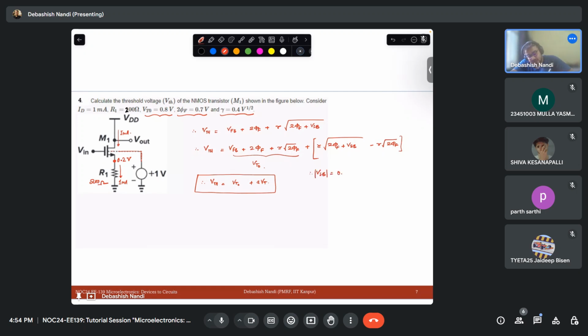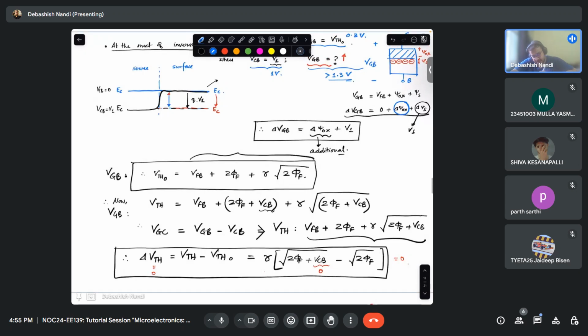VSB mod is 0.8 volt. Now you know this is given, gamma you know, VT0 you know, so you can calculate your VTH. Do this as homework. The main purpose of the discussion in the previous section was to compute this equation.